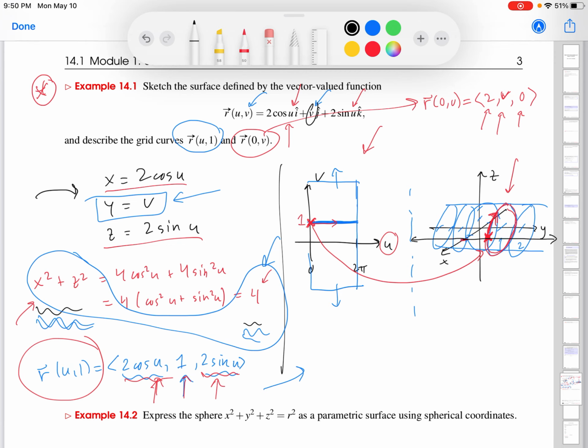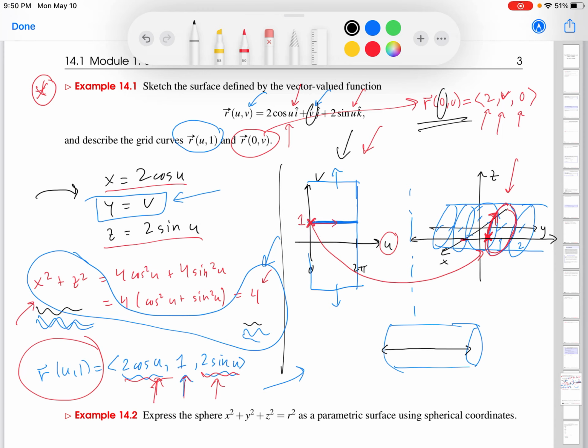So this grid curve is kind of like being on the cylinder. I'll draw a cylinder here. And then it's literally the line on the cylinder that is at x equals 2 and z equals 0. So that is what this grid curve represents. And then how would we see it over here in this plot in the UV domain?